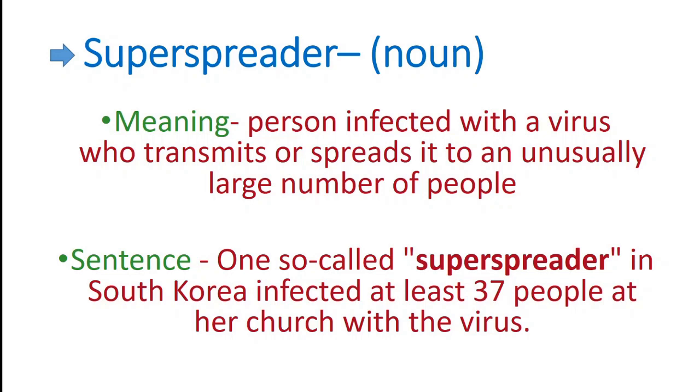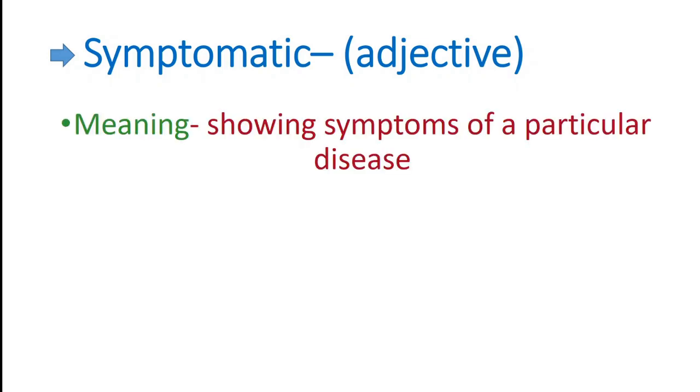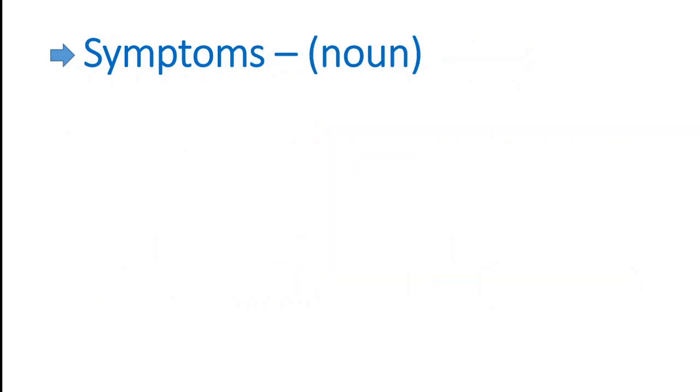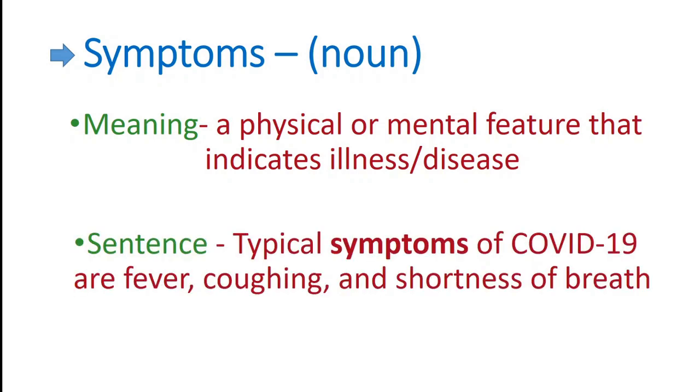Symptomatic. Adjective. Meaning showing symptoms of a particular disease. Sentence: anyone who is symptomatic is advised to phone a doctor and get tested. Symptoms. Noun. A physical or mental feature that indicates illness or disease. Sentence: typical symptoms of COVID-19 are fever, coughing and shortness of breath.